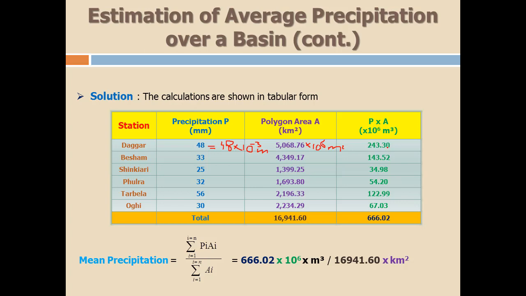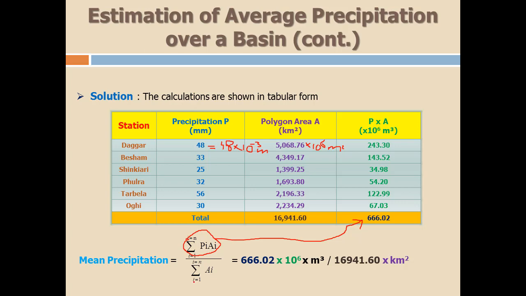And we also add up all these values. If we sum up all these values, this is actually the summation of Pi into Ai. So the summation of Pi into Ai is this one, and this is actually the value of this.